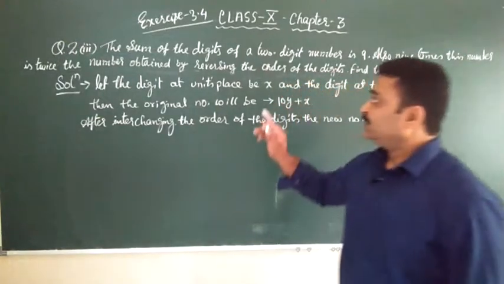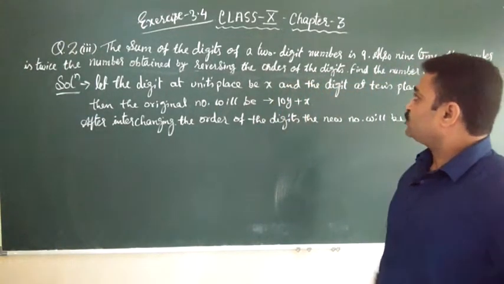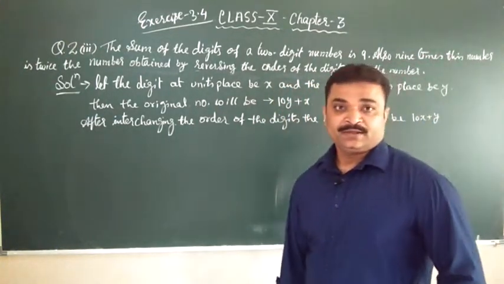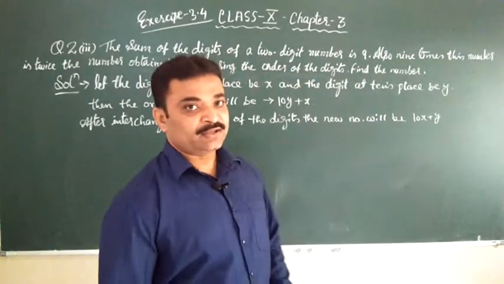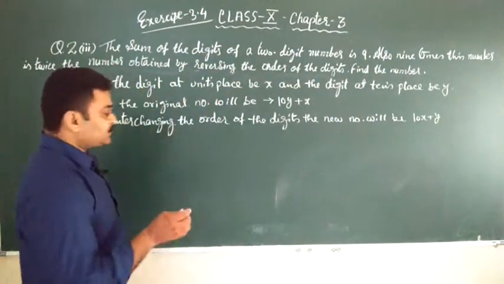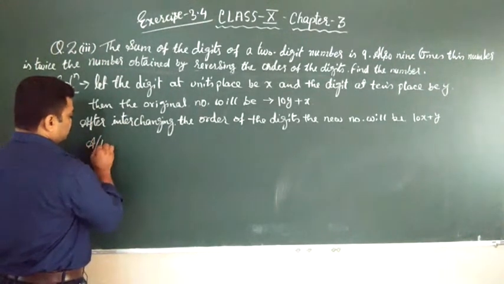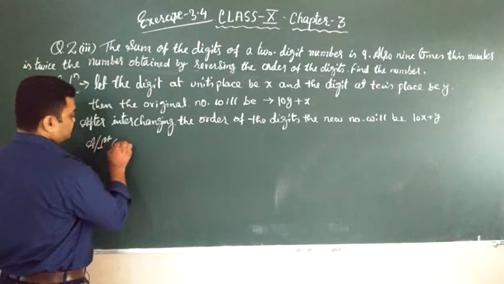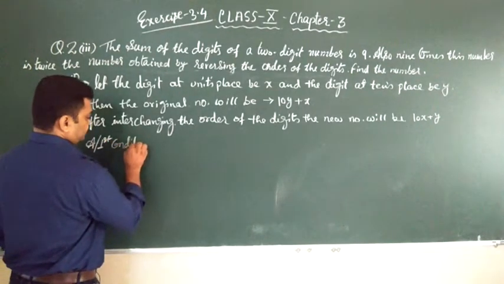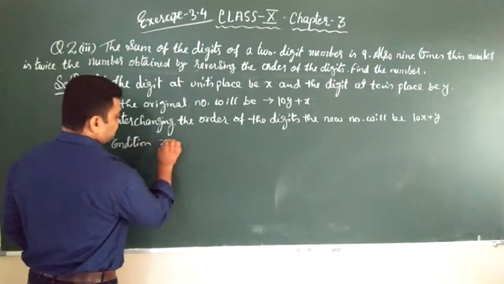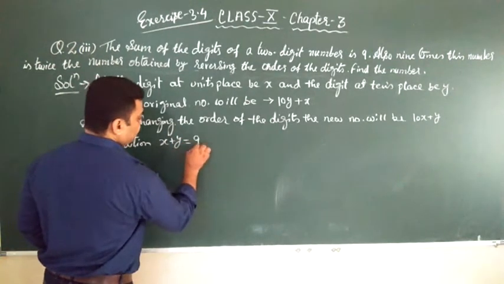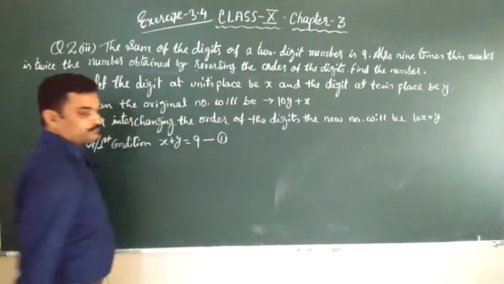Now, what is our statement? The sum of the digits of a 2-digit number is 9. So here we have the digits x and y. That means according to the first condition, x plus y is equal to 9. It is our equation number 1. Clear?